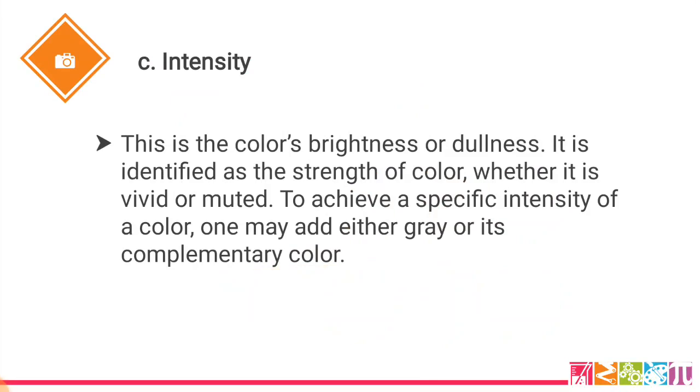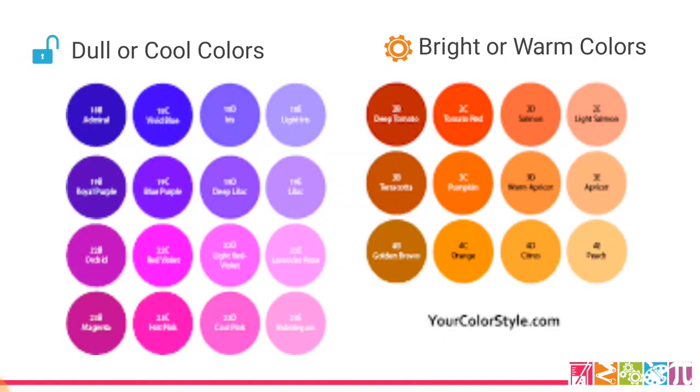And now intensity. There are some other books wherein they identify intensity as mixing it with color gray. But here, it focuses more on the intensity or the brightness or the darkness of the color. So of course, we have cool colors and we also have bright or warm colors.